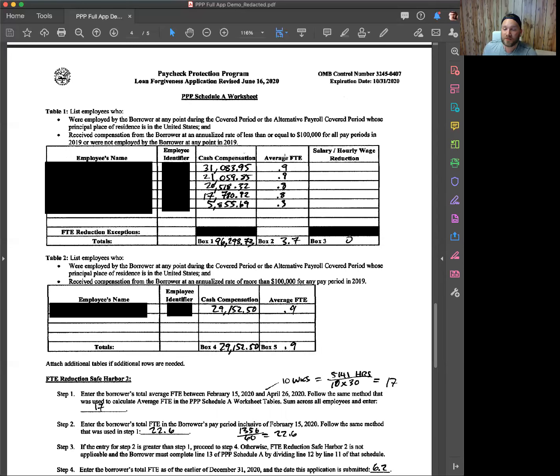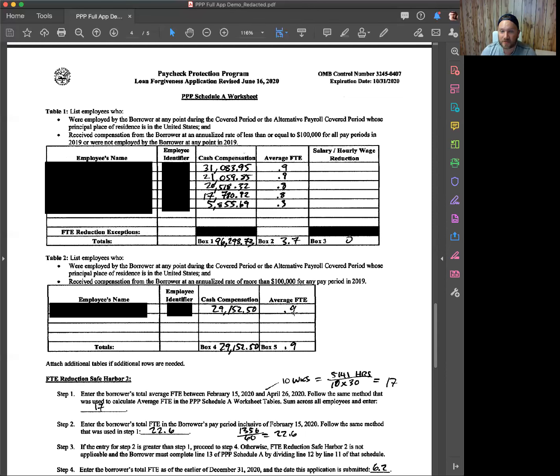So you can use FTEs that are calculated using a somewhat complicated basis, mostly, as you can see down here below, however many hours it was divided by 10 times 30, because they use a 30-hour work week as a basis. I did that here. I also used it throughout the rest of the application process, that same formula for calculating FTEs. If you choose to, you can use a quote unquote simplified method to calculate your FTEs.